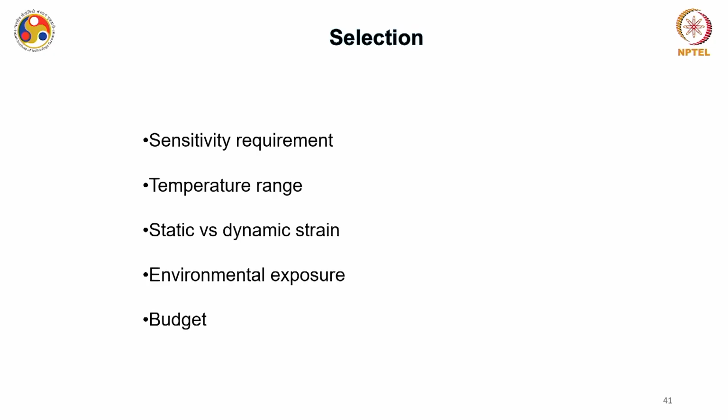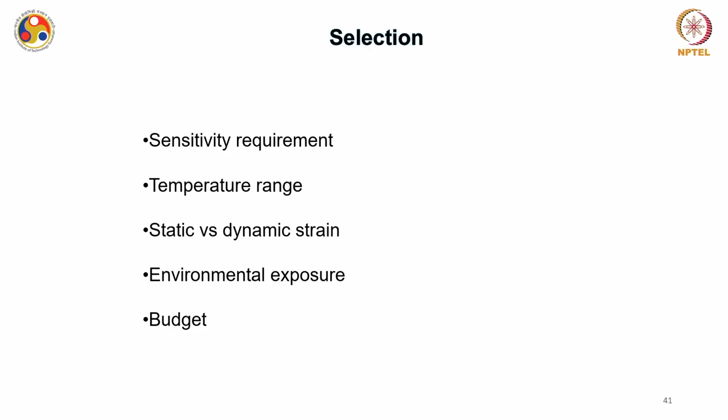Okay. Ultimately, as an end user, what we have to do is we have to select one out of the strain gauges that are available. Okay. And this will solely depend on the sensitivity requirement. Of course, there are other parameters like the temperature range of operation that we have just seen. Okay, you may have a requirement of either measuring static strain or dynamic strain, or it also depends on environmental exposure of the strain gauges.